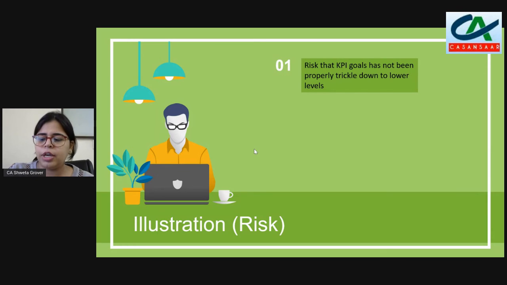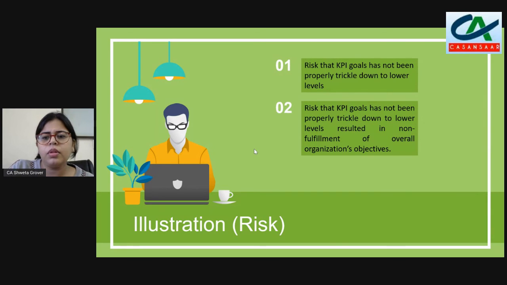So again, we have written it down like this: risk that KPI goals have not been properly trickled down to lower levels resulted in non-fulfillment of overall organization's objectives.